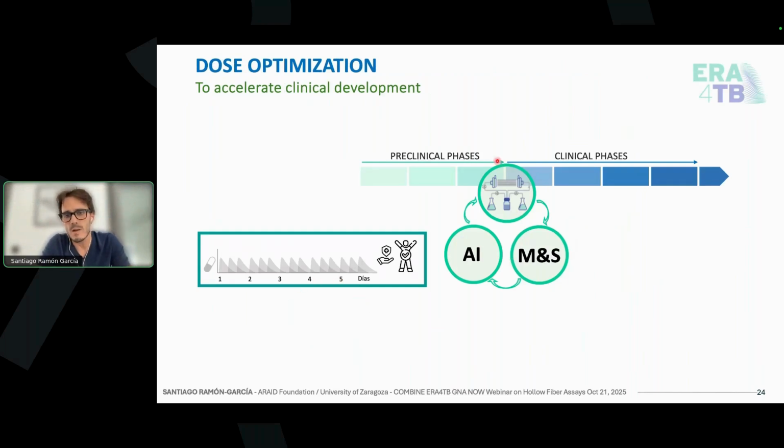The hollow fiber fits very nicely in the space between the preclinical and the clinical phases. With PK data from phase 1, we can simulate in the hollow fiber different scenarios that can inform the development of phase 2 trials.